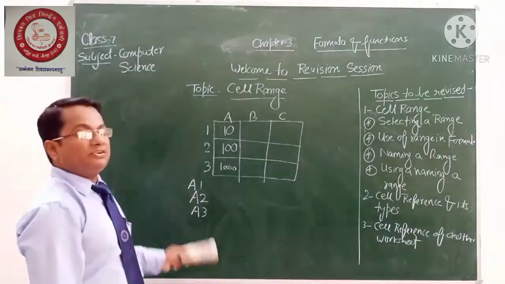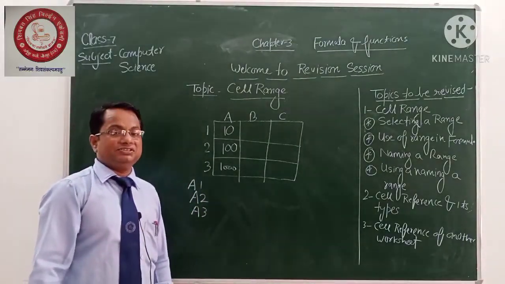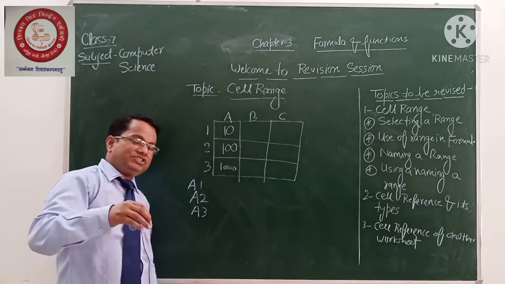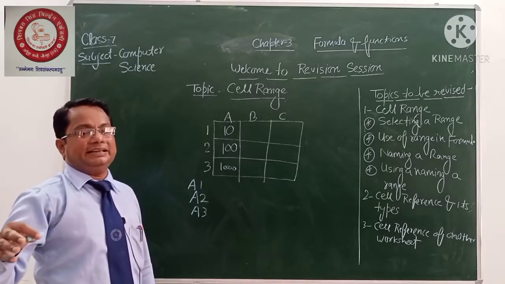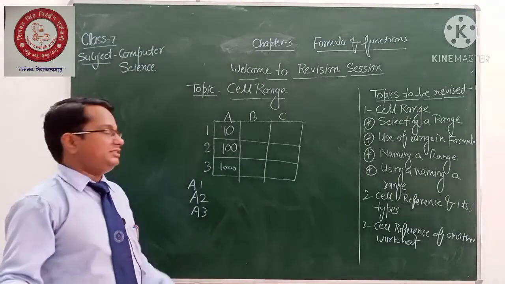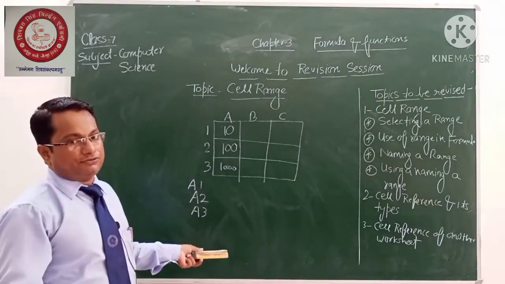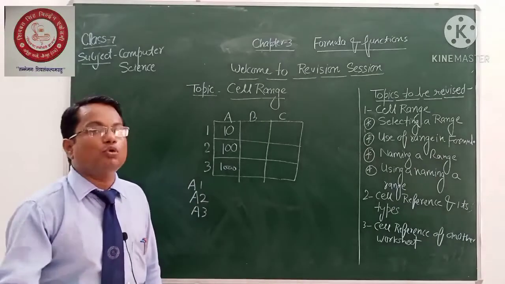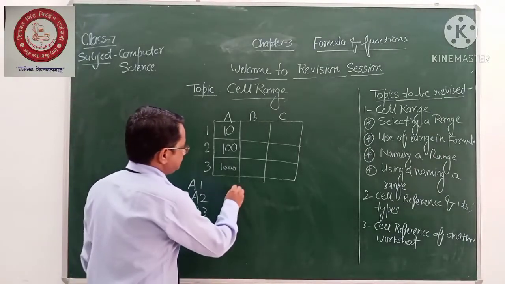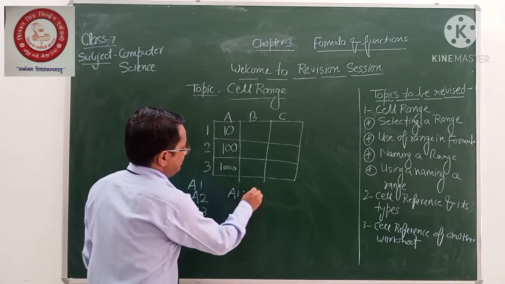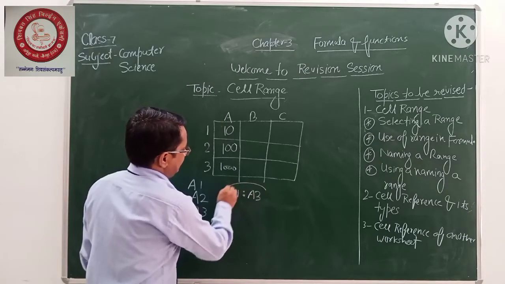These are contiguous cells, continuous cells, the cells occurring one by one in a regular interval, in a continuous form. You can write this in one more way: A1 colon A3.